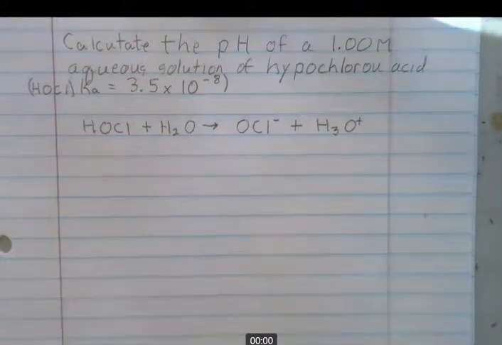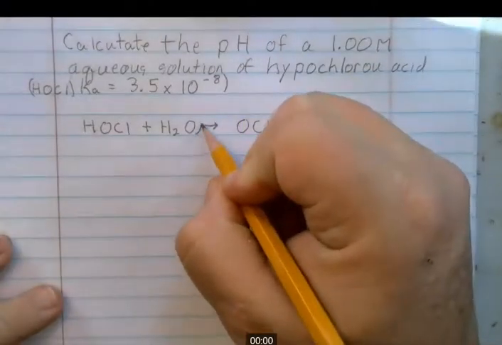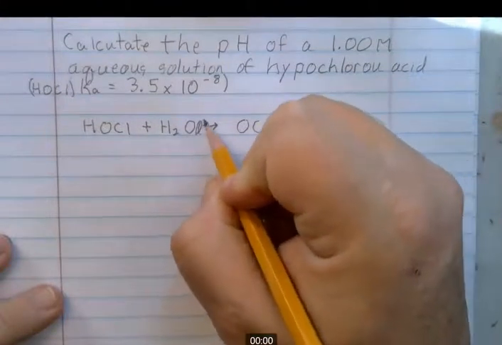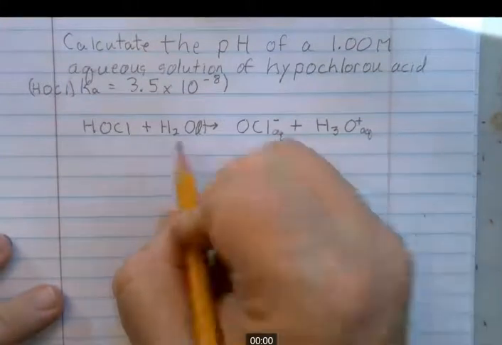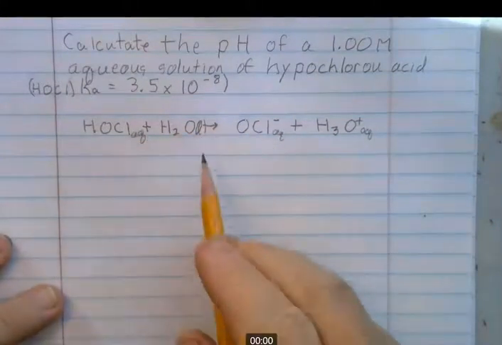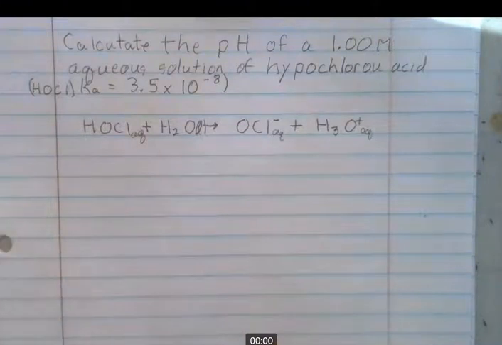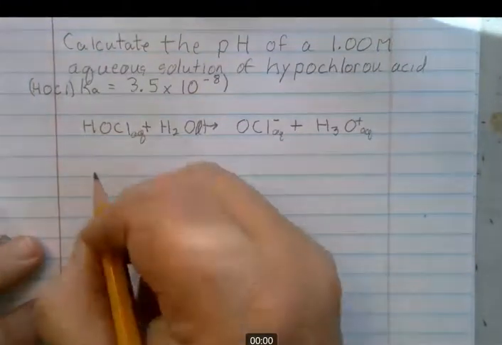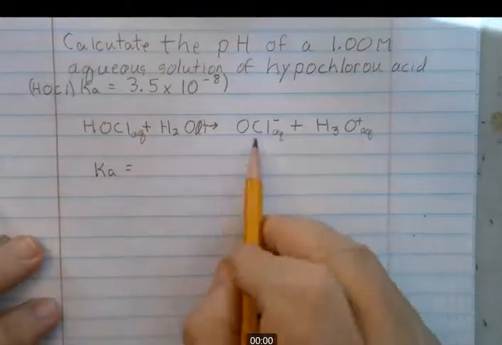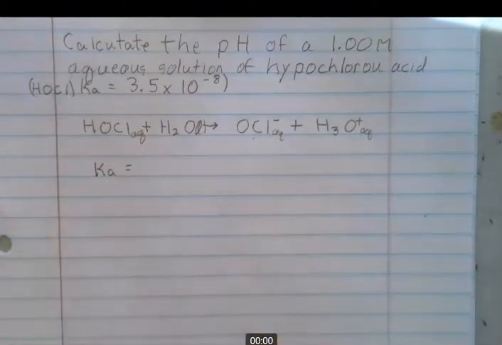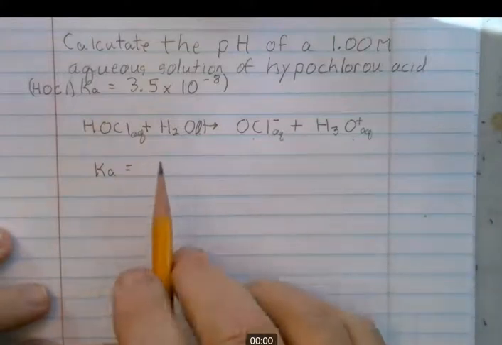So what can you do with that right away? You can write a law of mass action for that. You've got to remember just one thing, that water is a liquid and everything else is aqueous. That means water is not part of the law of mass action because it's a pure liquid. So let's go ahead and do that. Ka, here's the generic formula. It's the products, and everything has a coefficient of 1. That's the nice thing about most acid-base reactions, it's just 1 to 1 to 1.